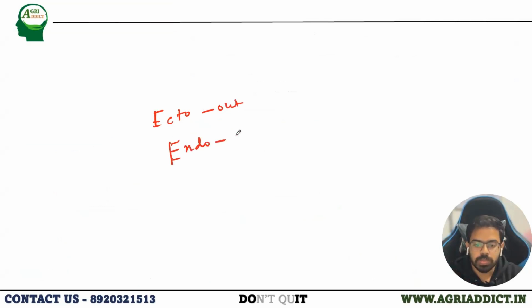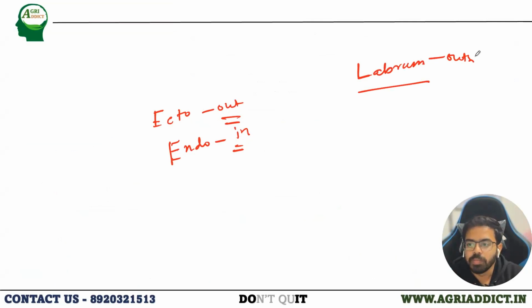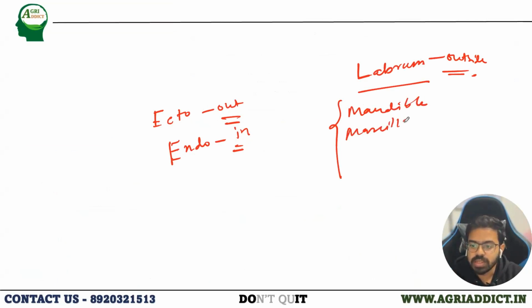So, starting with the upper lip, the labrum, it will always be outside. But for the next three, that is mandible, maxillae, and labium, the position of these three is important.